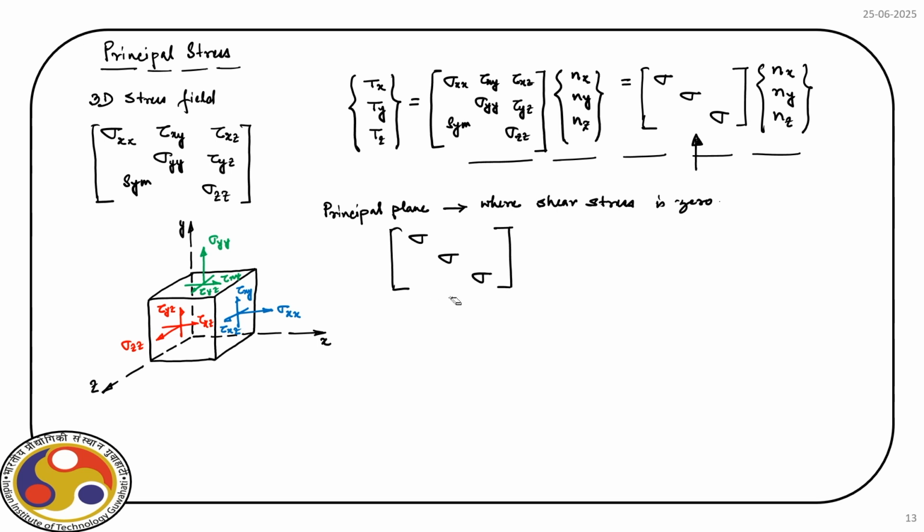So, if we write down that equation in a slightly different form. So, what we have is sigma xx, we take this matrix times this direction cosine on the left hand side and write a compact form. So, we have sigma yy minus sigma, then sigma zz minus sigma, then we have tau xy, tau xz, tau yz.